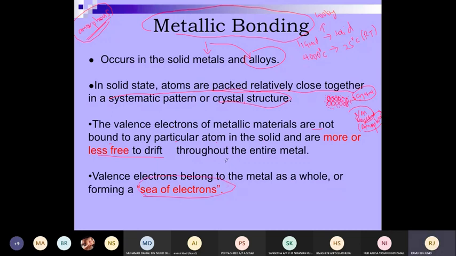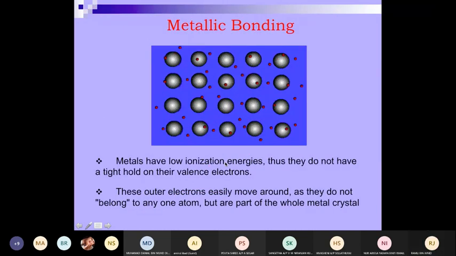Okay, so illustratively, it can be seen like this. This small dot is an electron. This is the nucleus. So the nuclei are arranged in a well-ordered, organized way, and then the valence electrons move freely throughout the whole structure.